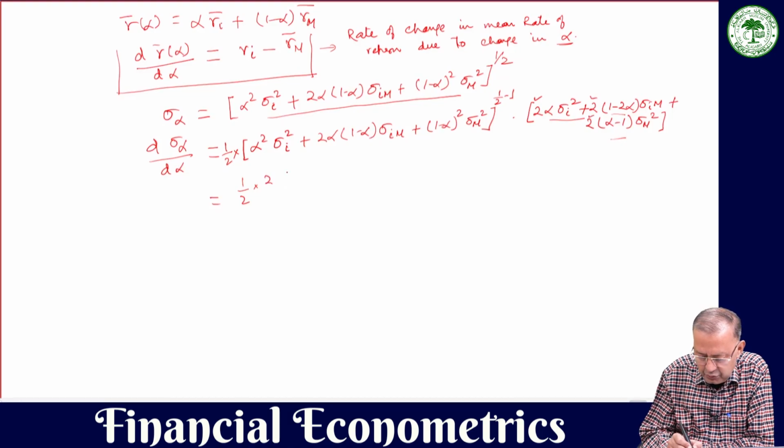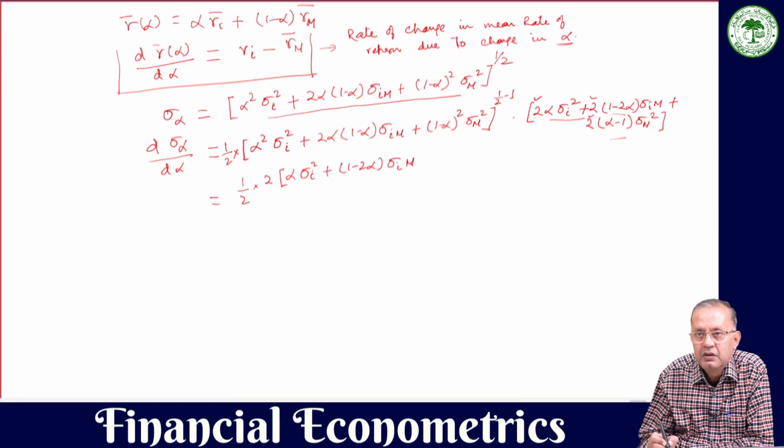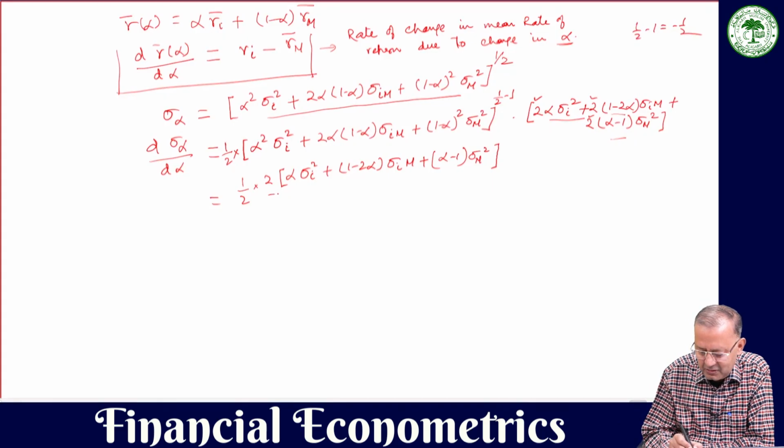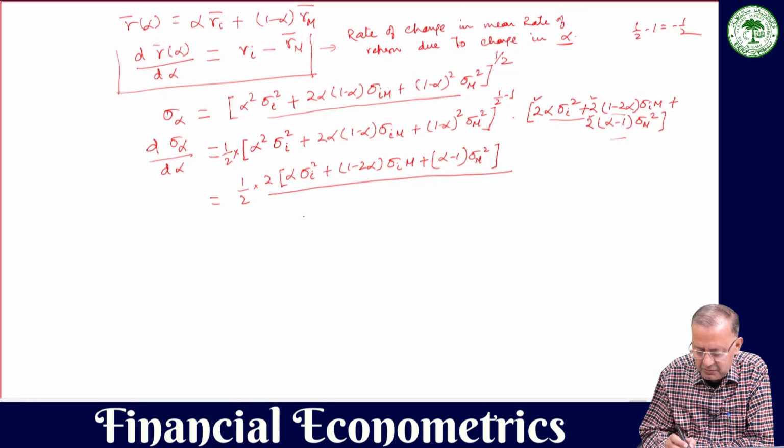So if we take 2 as common, this will be alpha sigma I square plus 1 minus 2 alpha sigma im plus alpha minus 1 sigma m square. This half minus 1 is equal to minus 1, so this can be written in the denominator with a positive sign.